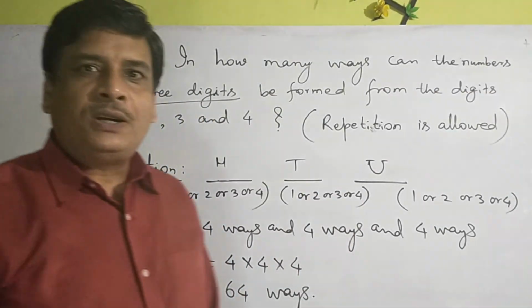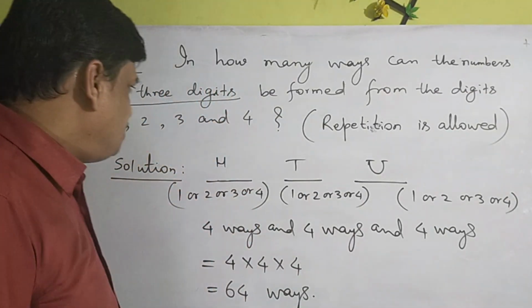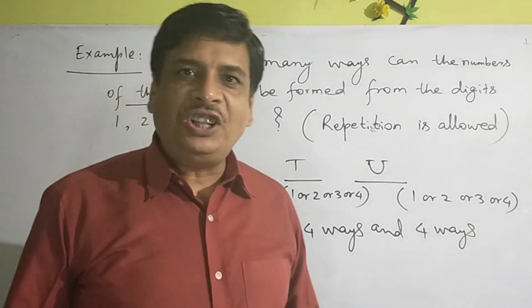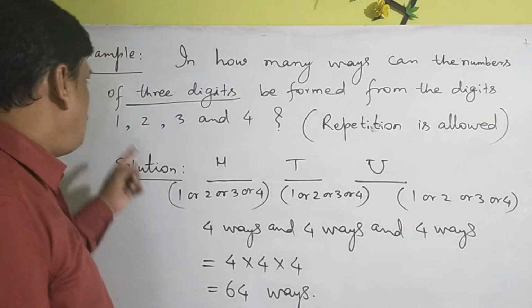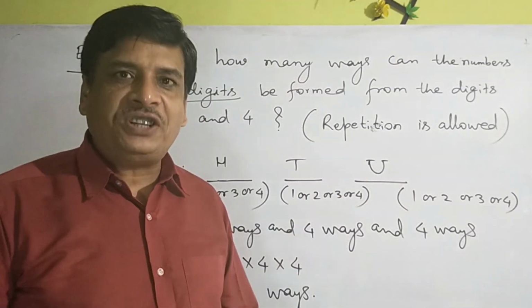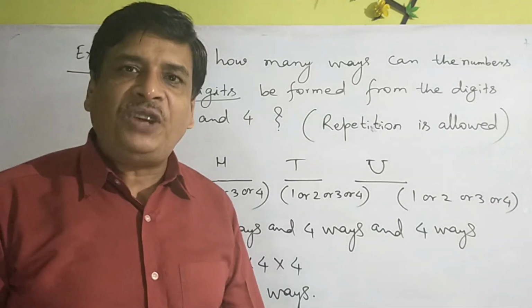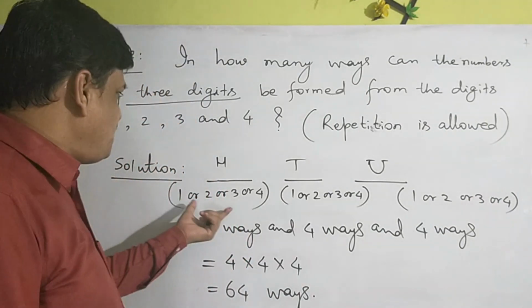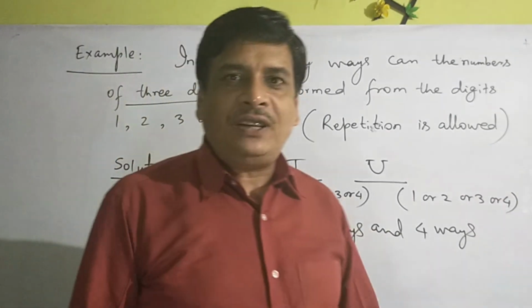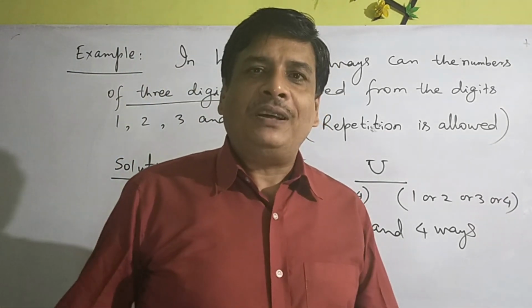In these 3 digits, all the digits can also be taken the same. They may be different. The choices available are 4. If we want to write all these, it will be lengthy.